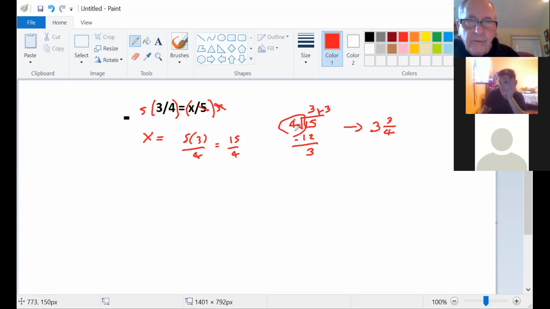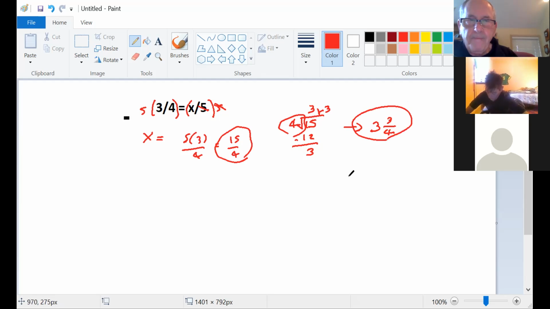It's over this divisor, right? So just don't make that silly mistake, okay? So it's just 3 and 3 over 4. So this is the same as this. I just put it in terms of mixed number. Okay? Moving on.